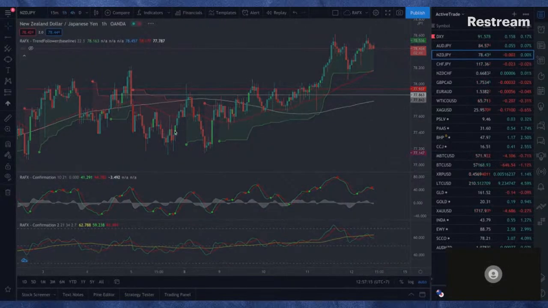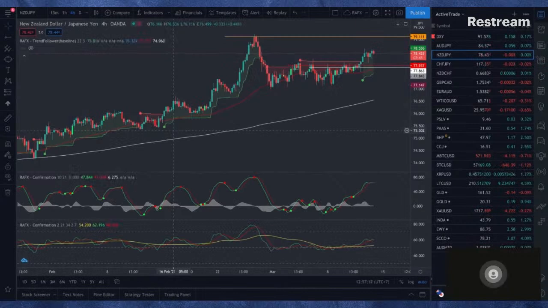In addition, for NCD-JPY, the trend is still up and my indicators are still telling me that I should hold this position because the trend is still intact, because the price is above the 50 baseline.